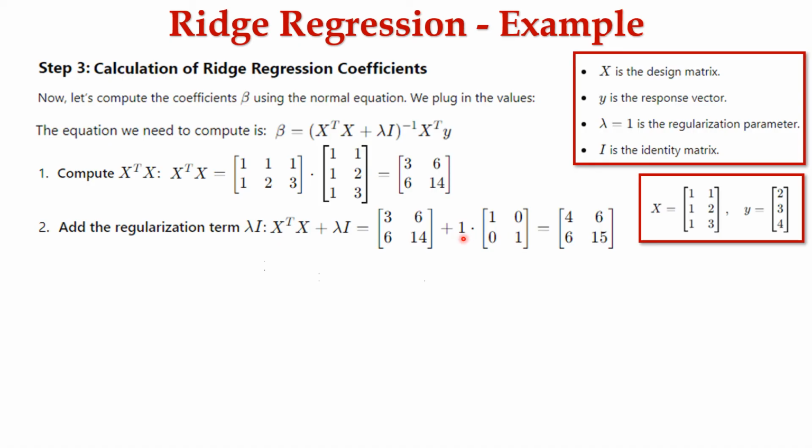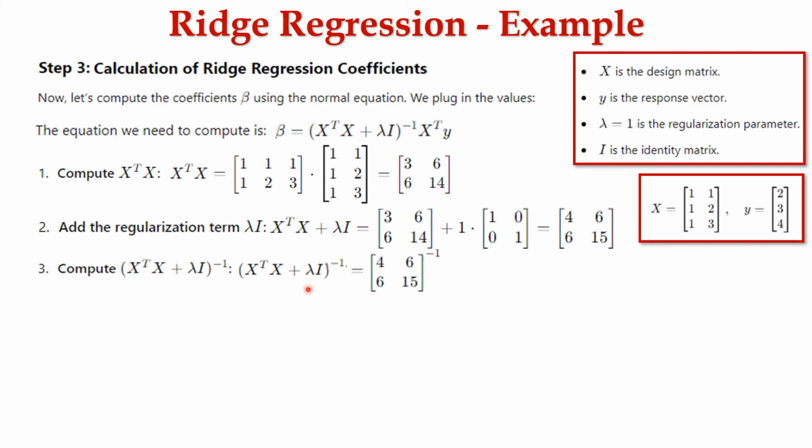If you multiply 1 with the identity matrix, we'll have the same identity matrix, that is 1, 0, 0, 1. So now we need to add the X transpose X value with the lambda I value. We'll get 3 plus 1 is 4, 6 plus 0 as 6, 6 plus 0 as 6, 14 plus 1 as 15. So this is the value for the term X transpose X plus lambda I.